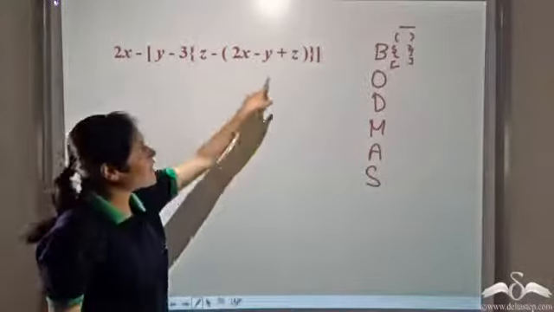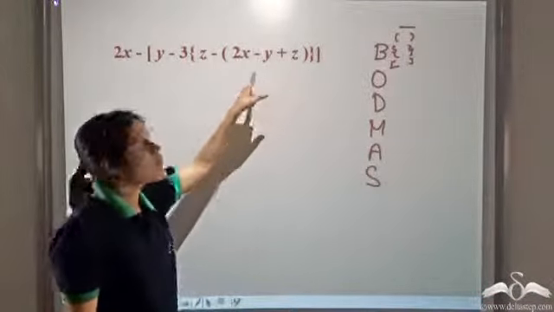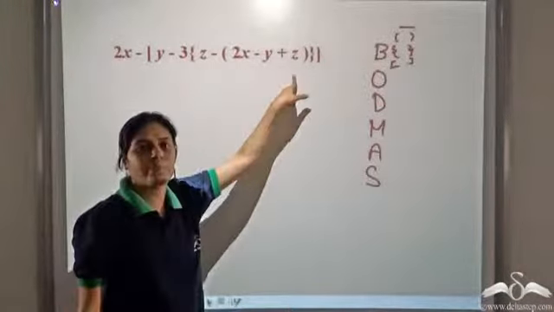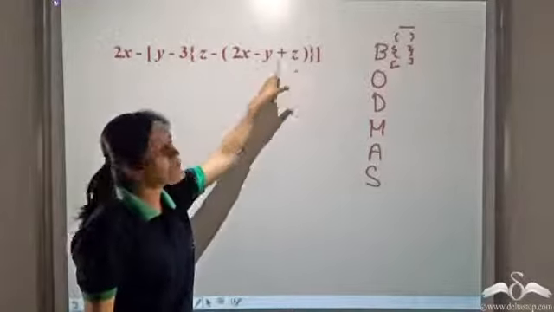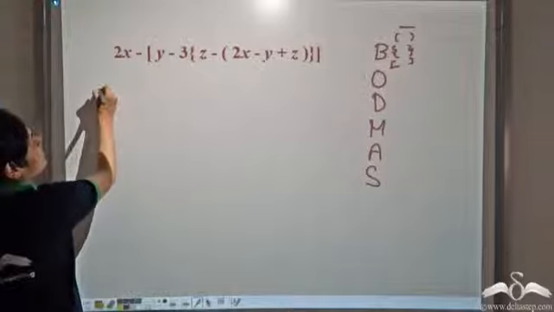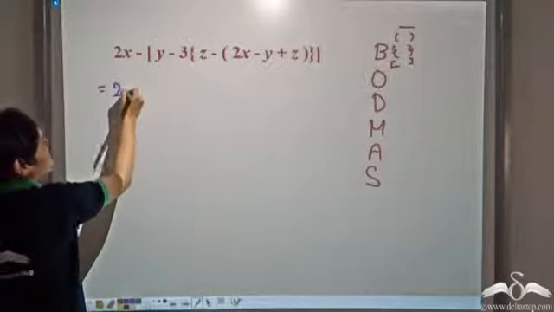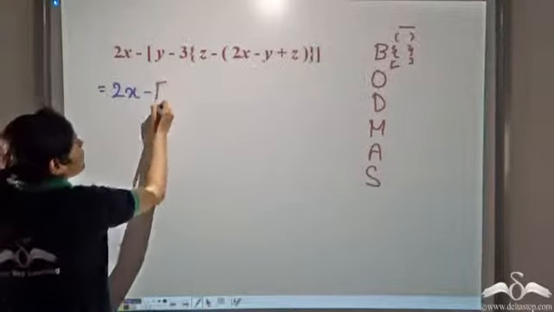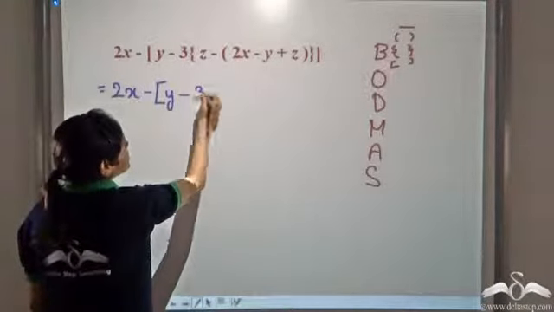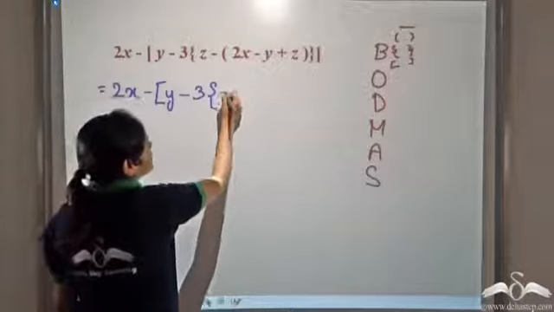Now, do we have a line bracket here? No. What about common bracket? Yes, we do have a common bracket here. So let's first open this bracket. So we write other things as they are. 2x minus y minus 3 times z.